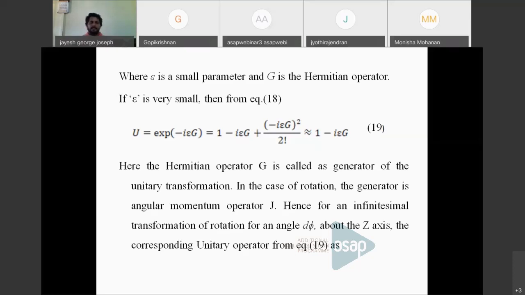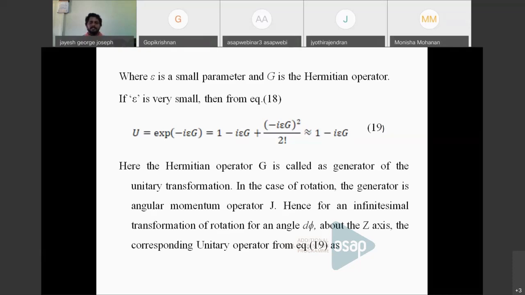Here the Hermitian operator G is called the generator of the unitary transformation. G is termed the generator because it creates, or generates, that transformation. In the case of rotation, the generator is the angular momentum operator J. You may be familiar with similar cases.